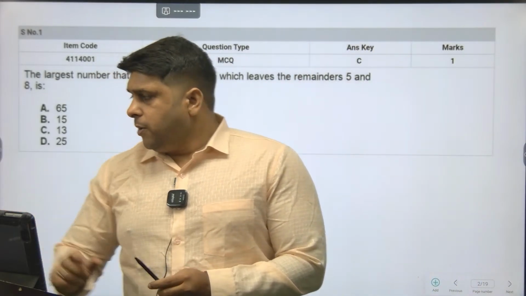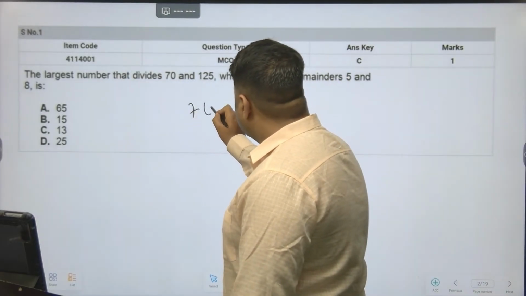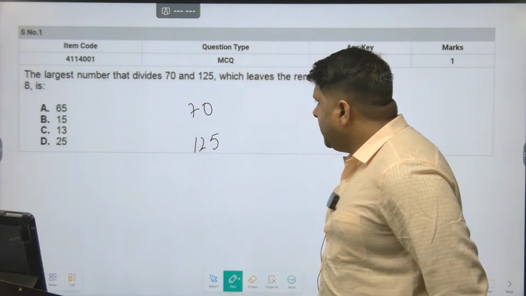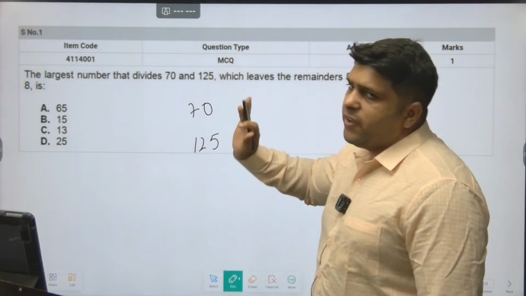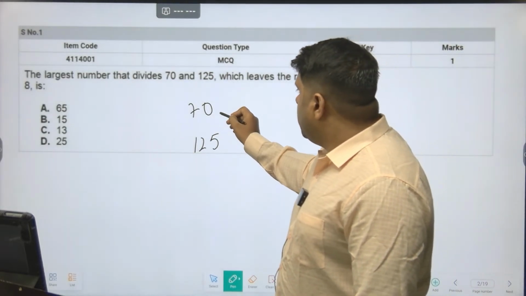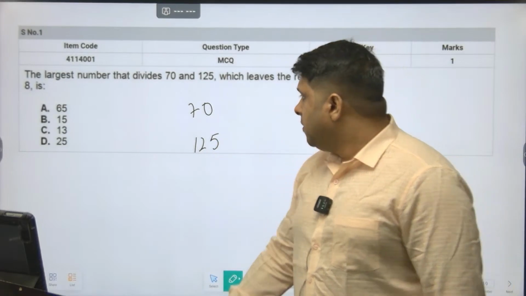The two numbers given here are 70 and 125. Whatever the HCF will be, when we divide these numbers by the HCF, they are going to leave the remainders 5 and 8.